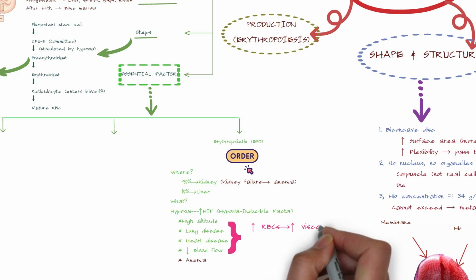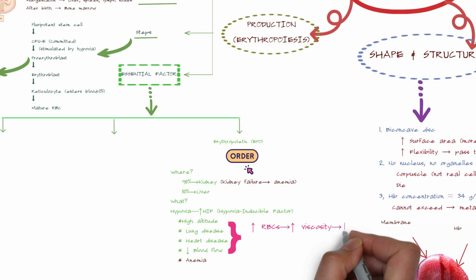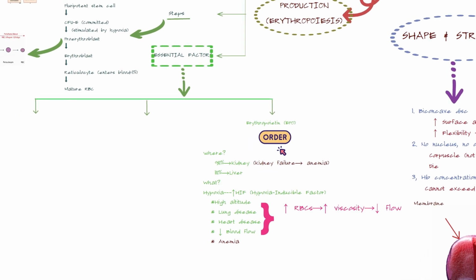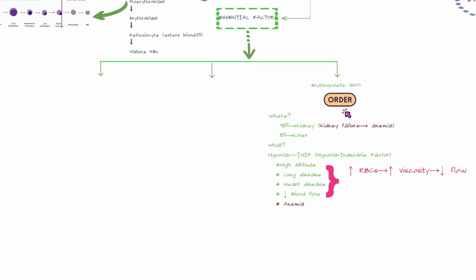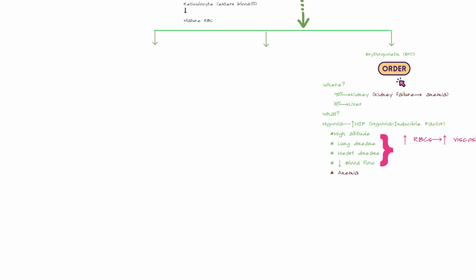All these factors will increase the erythropoietin, increasing the number of RBCs, so they may increase the viscosity, unlike anemia, in which the erythropoietin increases to restore the number of RBCs back to normal.